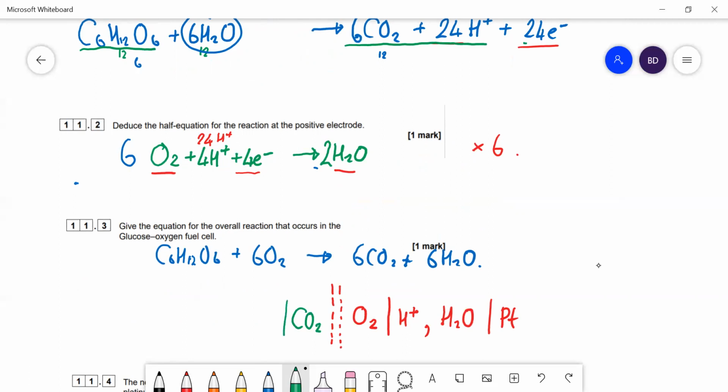It's a phase change, and we're going to have H plus as well. Then in solution we're going to have glucose, the reduced form, C6H12O6. And we're going to have a phase change for the electrode, which is carbon. So that's our overall representation there.